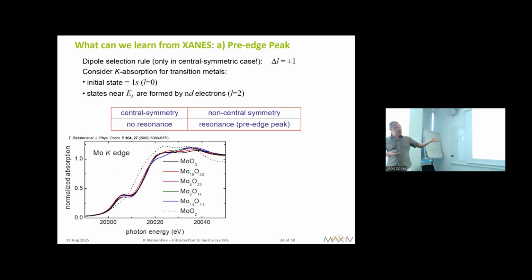So by the presence or absence of the pre-edge, you can tell what is the symmetry of the coordination of, in this case, molybdenum. So without any calculations, very qualitative, but already something.